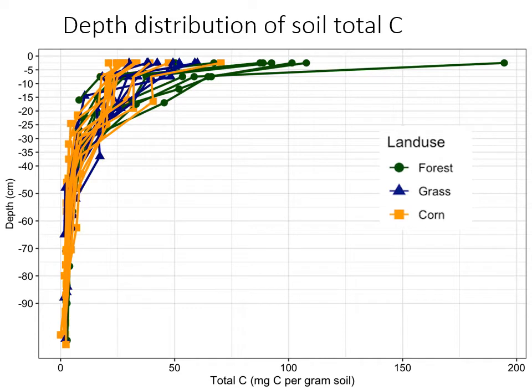This graph is to show you that most of the soil carbon is concentrated in the top 30 centimeters. And you can see that there's a very small amount of carbon below 40 centimeters, and there are no differences among different land use types as you go deeper down the profile.